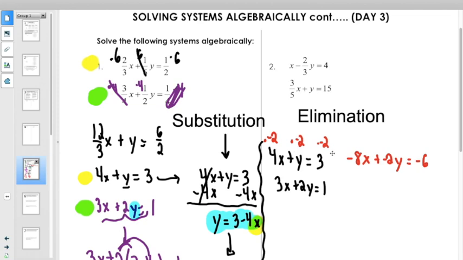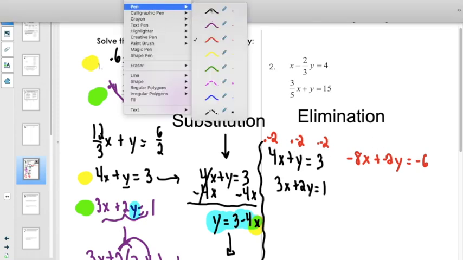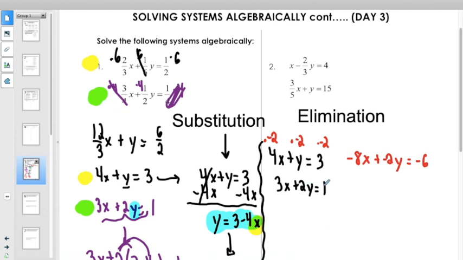So this turned into this. And I'm still left with the 3x plus 2y equals 1 for this equation.